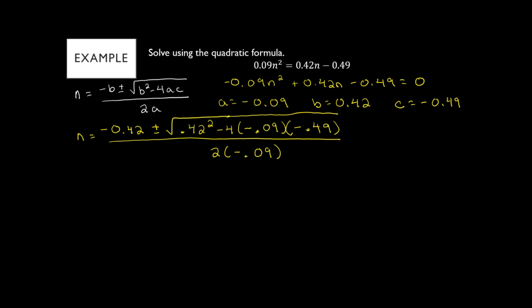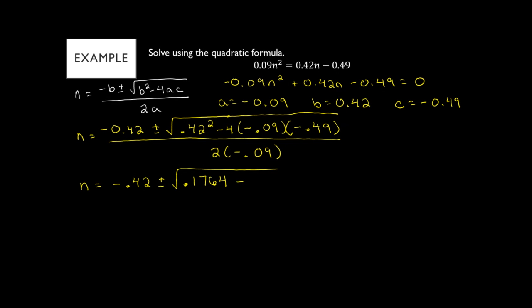Okay, calculator for sure here. n equals negative 0.42 plus or minus. And I'm making big decimal points so they don't get lost. Okay, so I have to square 0.42. So this is giving me 0.1764. I have my minus sign.